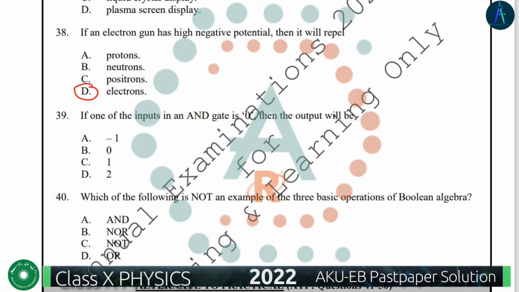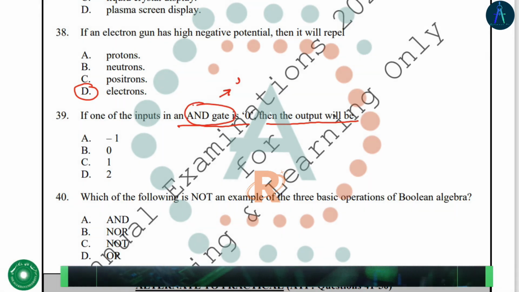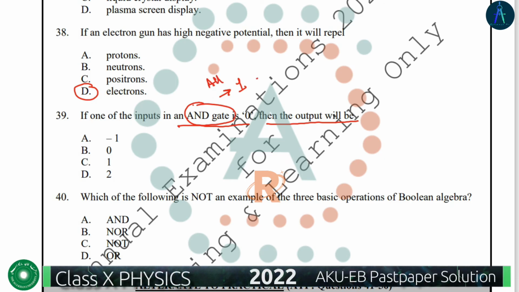Let's see question number 39 and 40. If one input of the AND gate is 0, then the output will be? So we know that in an AND gate, if all the inputs are 1, then the output is 1.